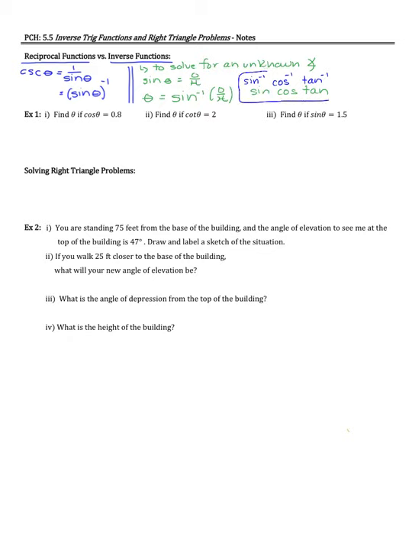So I want you to realize that this -1 is different than the reciprocal -1, which means take the reciprocal. This one actually means you are solving for the angle, and your goal is to solve for an unknown angle. All right? Okay, so let's look at how we're going to do this.